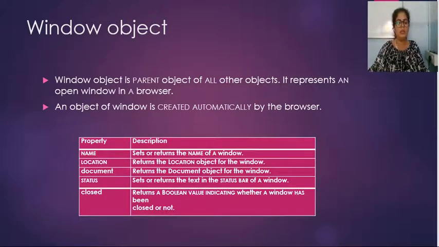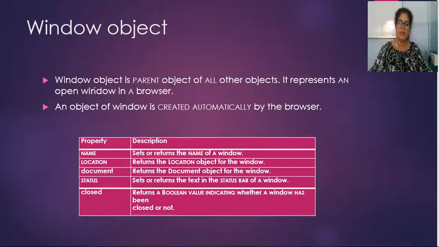Whatever you see after running the code is shown on the window object, because the window provides us the facility to check the output, and we can simply close the window, minimize the window, or open another window. All these things are related to the window object. So let's start with how JavaScript supports the window object.